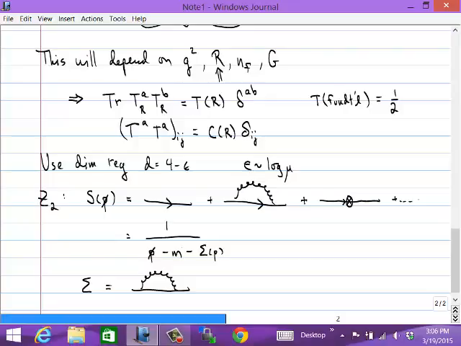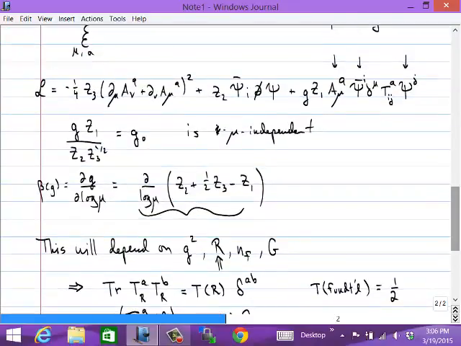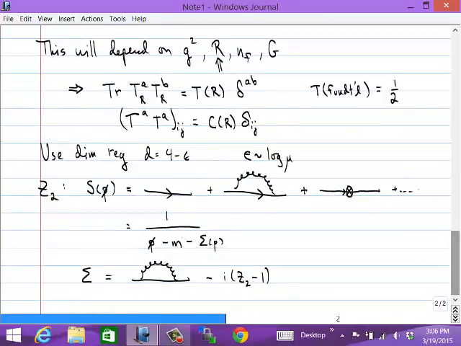And what are those counter terms? Well, there's two different types of counter term. So there's the Z2, the counter term that comes from here. So you write Z2 as 1 plus delta, where delta is your counter term. And you have a momentum here. So the Z2 gave us a contribution that looks like the counter term delta 2 times p slash, because of that d slash in the action.